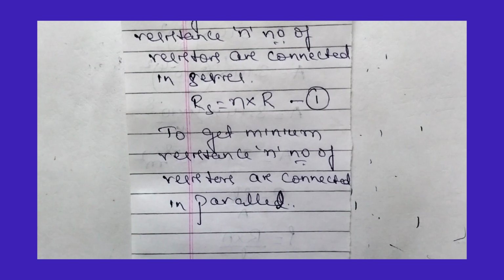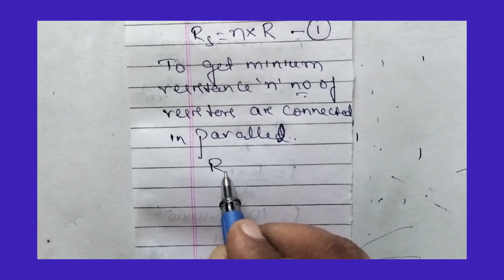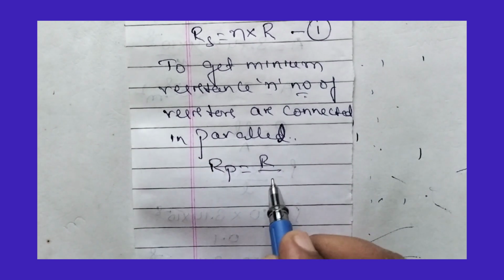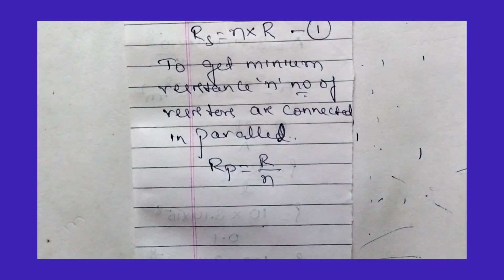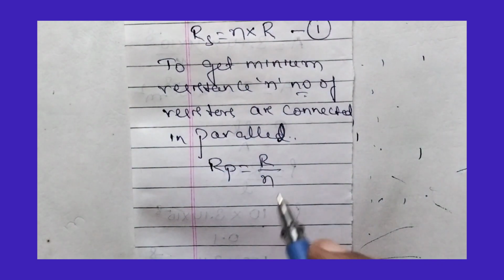How to connect n number of resistors? We have to connect in parallel. To connect n number of resistors in parallel, Rp is equal to R divided by n. So n into R series, R by n parallel.